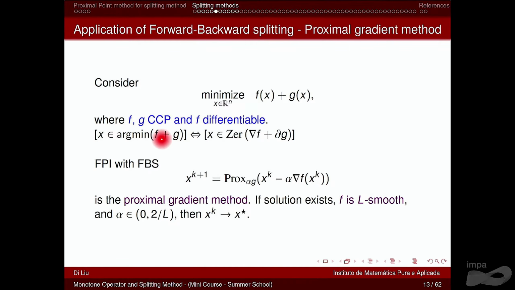Then the minimizer of f plus g is just the zero set of the gradient of f plus the subdifferential of g. If we want to solve this problem, it is equivalent to finding a point in the zero set of this maximal monotone operator, okay?